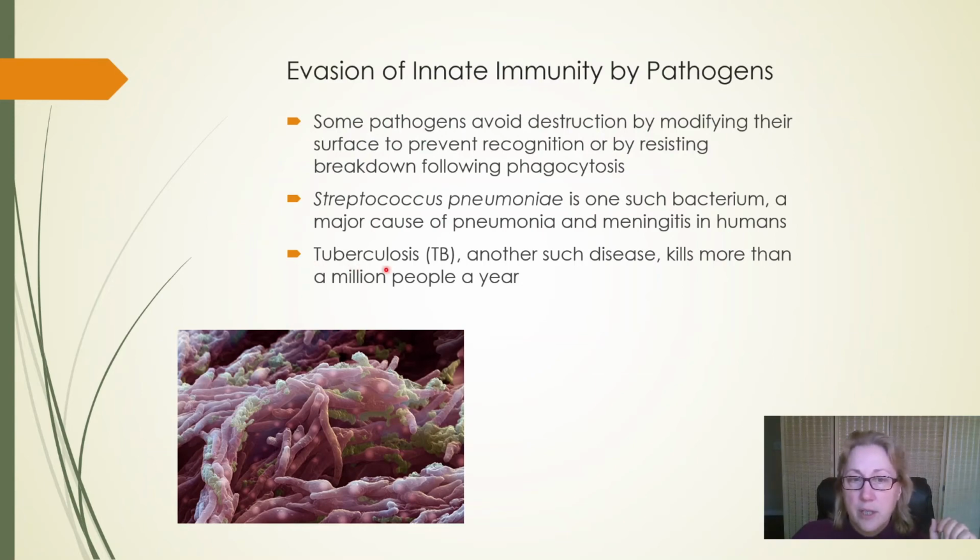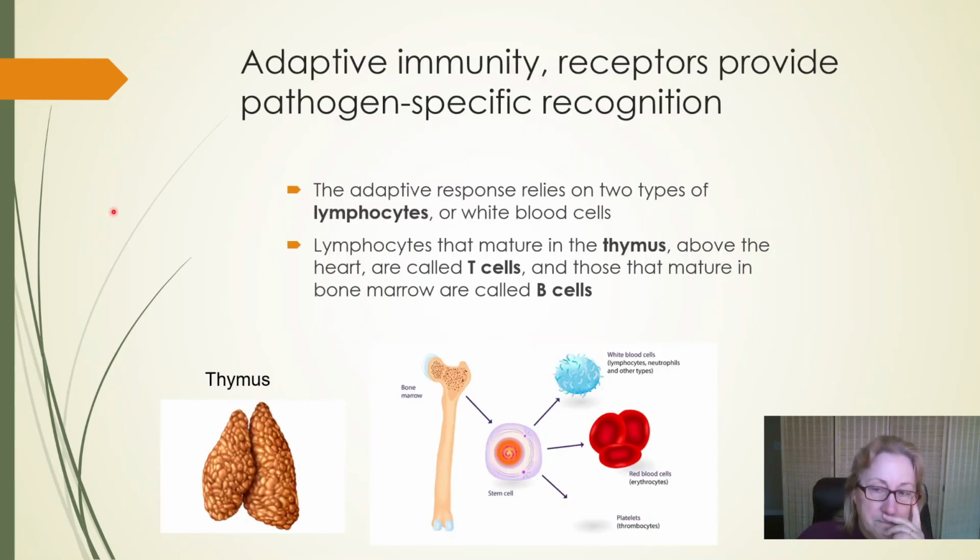Some, like tuberculosis, can hide from the innate and adaptive immunity by encasing themselves in a fatty layer and walling themselves off from the body. And can remain in the body for years, kind of hiding from the immune system. So there are pathogens that can get around this system.